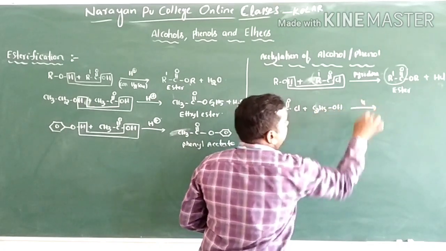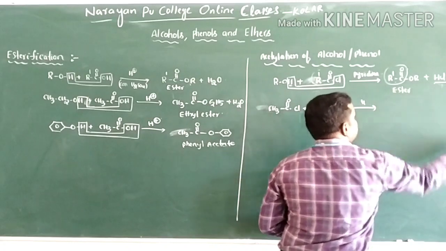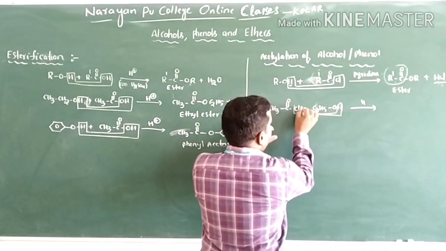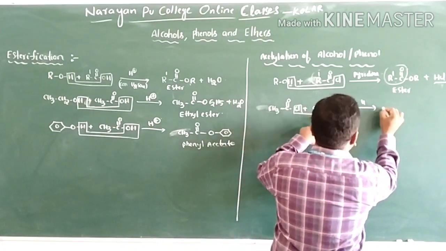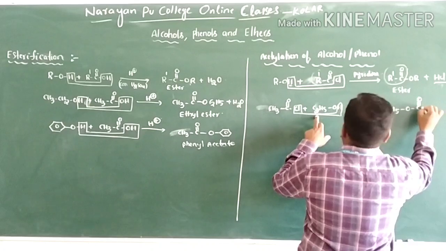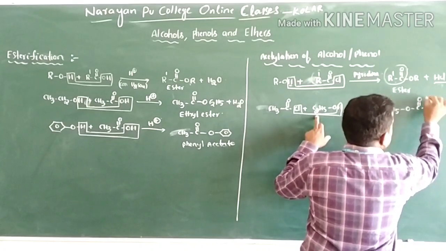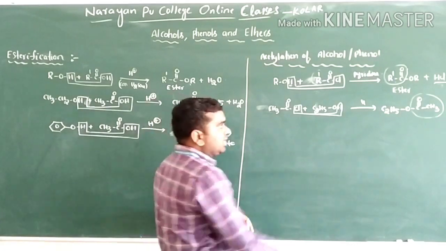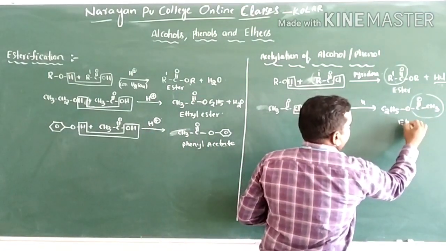Then we maintain pyridine. Why do we use pyridine? To neutralize the acid in the reaction. Then HCl will be removed, and the compound you will get is C2H5O-CO-CH3, with an acetyl group. That's what we call acylation. So that's why you are getting an ester here.